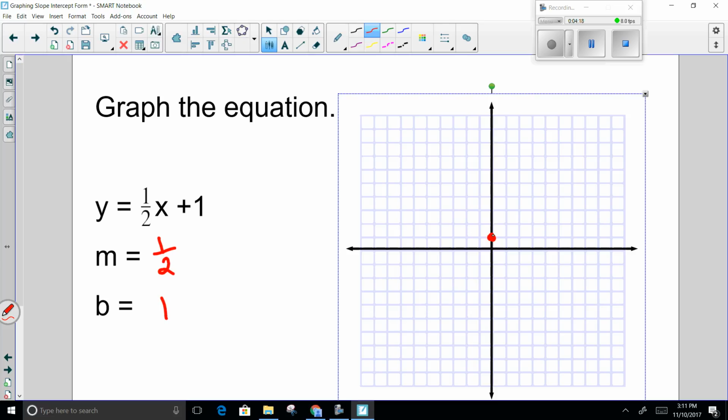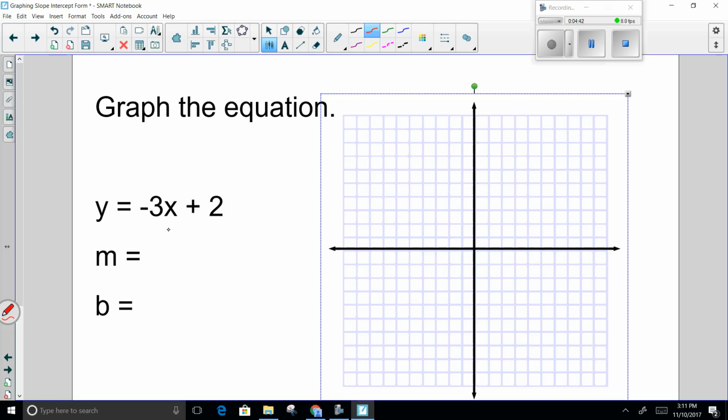We put that on the graph. Then the slope tells me to rise 1, run 2. And notice how this graph is going uphill from left to right. That's a positive slope. The slope here is positive. That means you have done it right.